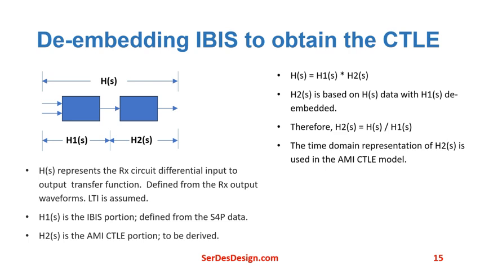Since H(s) is equal to H1(s) times H2(s), then H2(s) is the ratio of H(s) divided by H1(s). These transformations are carried out in the model to obtain the equivalent time domain representation of H2(s) for use in the AMI model during simulation.